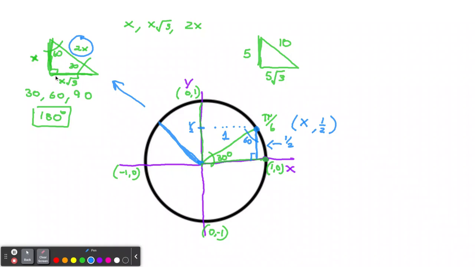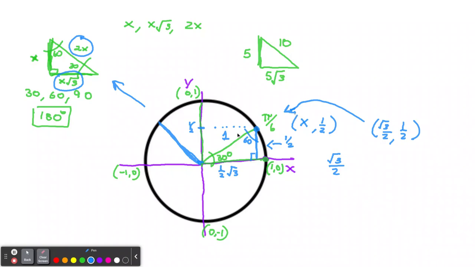Well, look at it over here. It says x square root of 3. So it'll be half square root of 3, which becomes the square root of 3 over 2. So our coordinates are, for x, the square root of 3 over 2, and then half. That would be the coordinate.